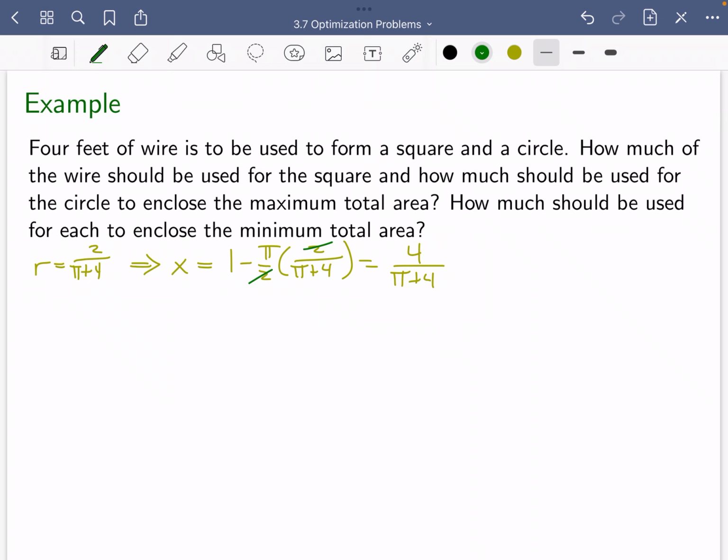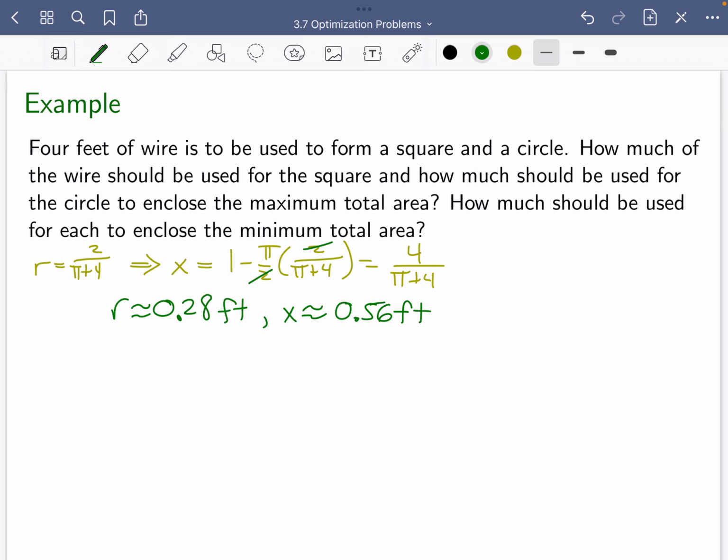So as a radius, we have a value that is about 0.28 feet, and our x value, the lengths aside for the square, are approximately 0.56 feet.